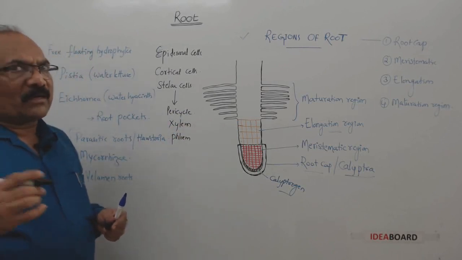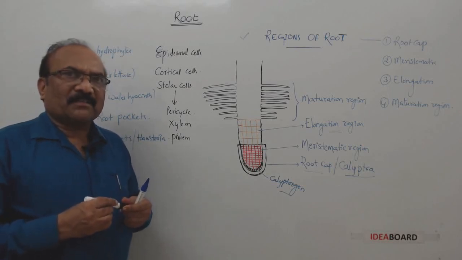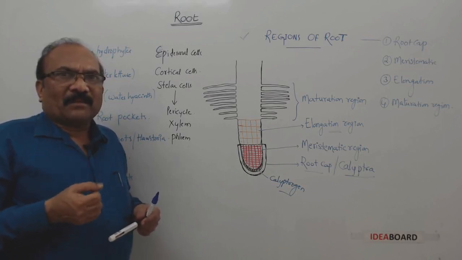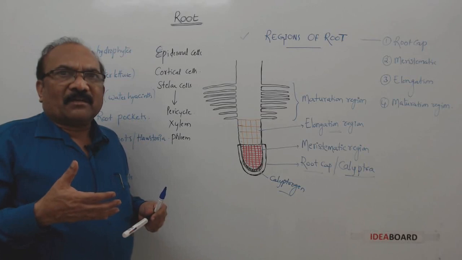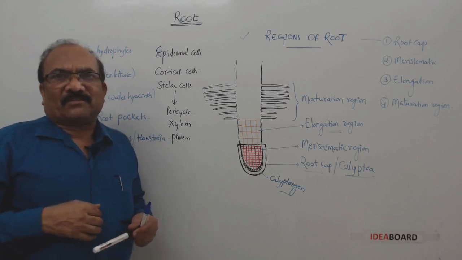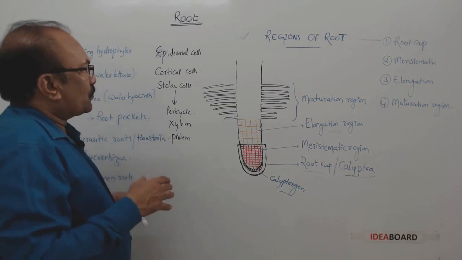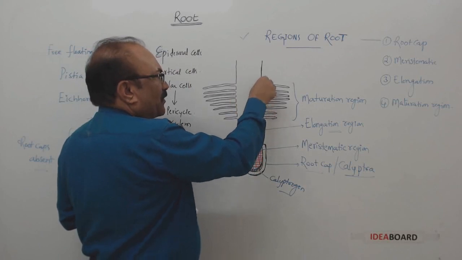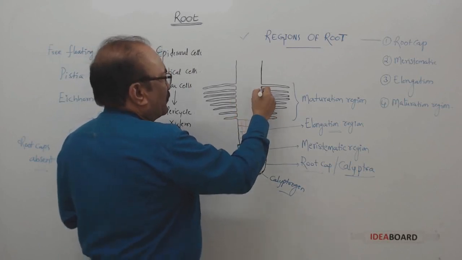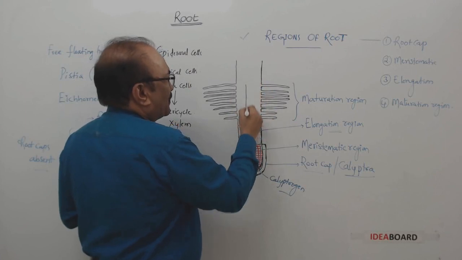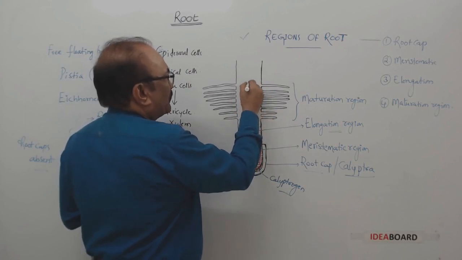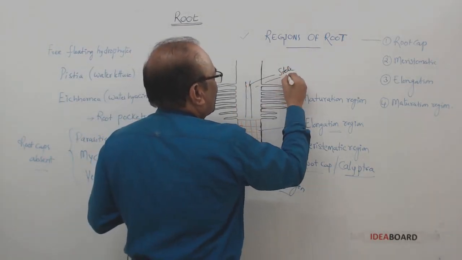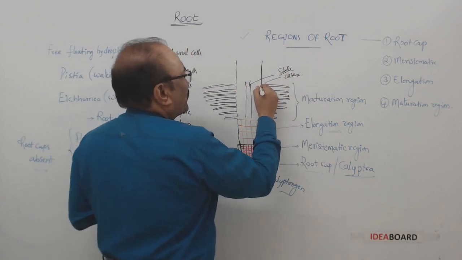So the expanded cells in the elongation region, as soon as they come to this area, undergo differentiation to perform different functions. In this maturation region, this is epidermis, this is cortex, and this is the stele.